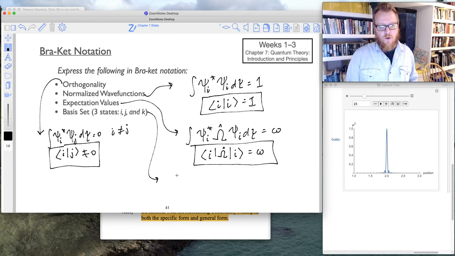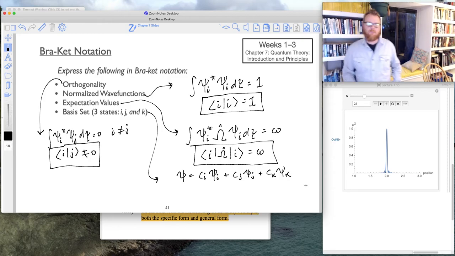Psi equals, and we've notated that that's three states, so there's going to be some constant for state i times psi of i, plus some constant for state j times psi of j, and some constant for state k times psi of k.